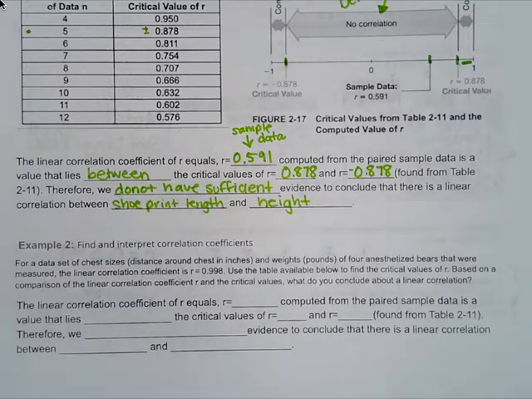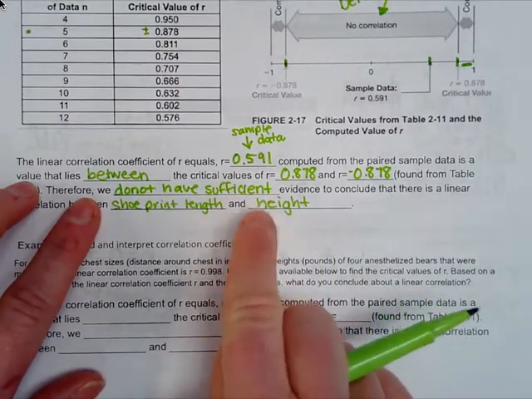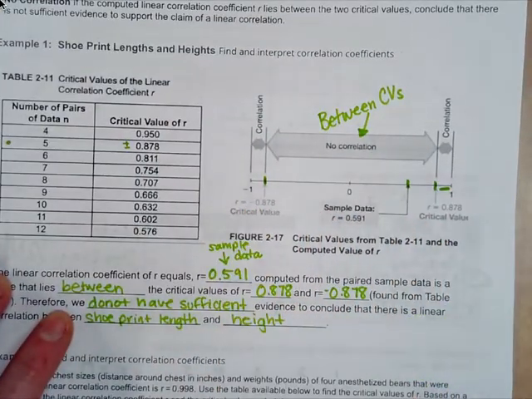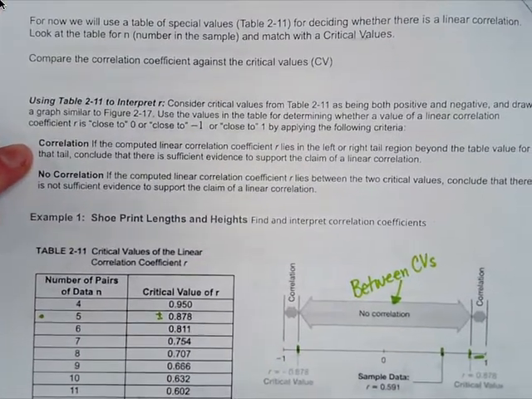So in algebra, we just find the R and we say correlation, no correlation. In statistics, we go further and say, do we have enough information to say there's correlation or not? So this one, we didn't have sufficient evidence. So in order to back the data, we have to have evidence, and evidence is found from your critical values. So that's how it is written up here.